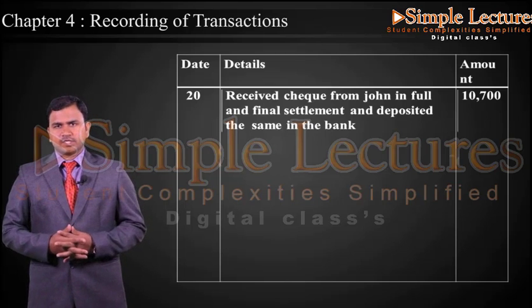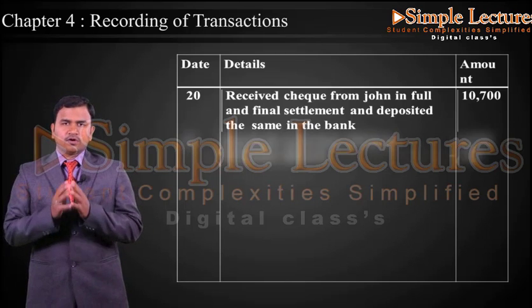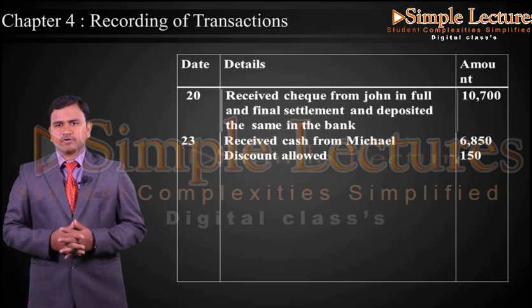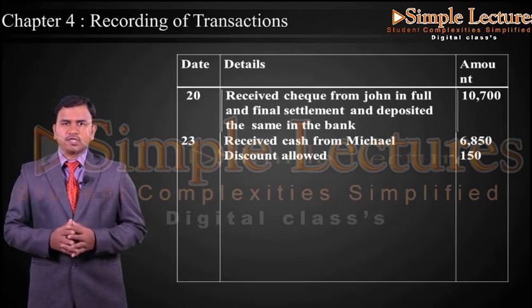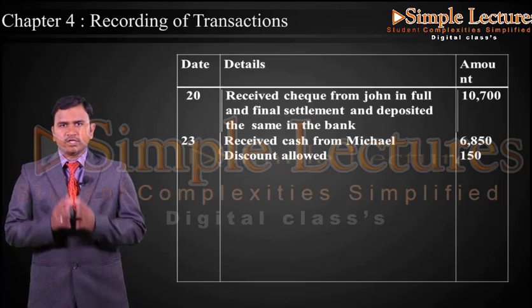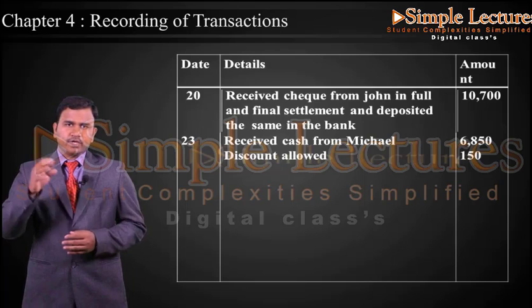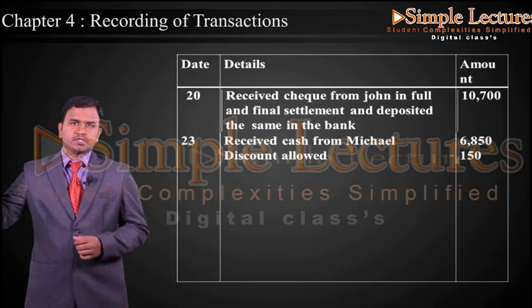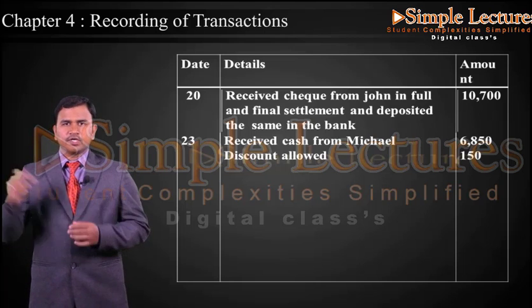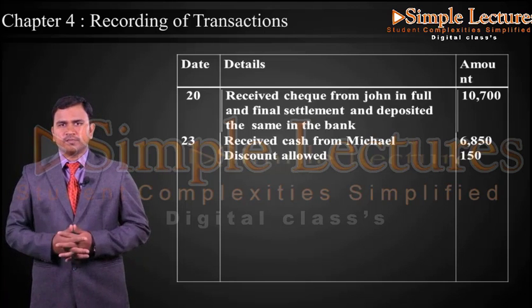Let us take the next transaction which we have on August 23rd, where the transaction is received cash from Michael 6,850 and allowed him a discount of rupees 150. So where we are receiving the cash, which should be considered in the debit side, and when coming to the discount, it is already deducted from the amount, so nowhere it will be shown.